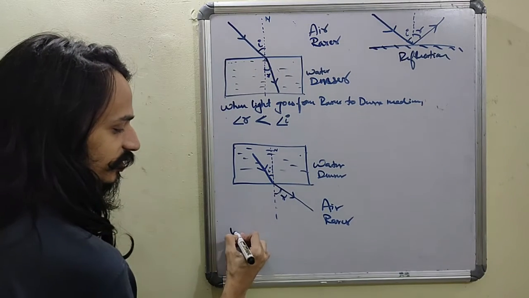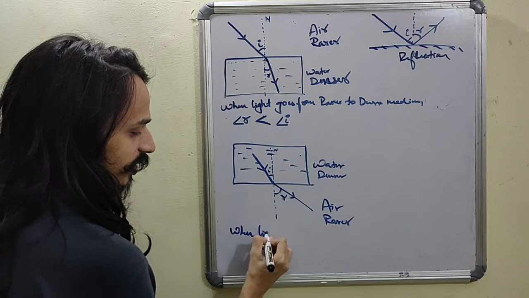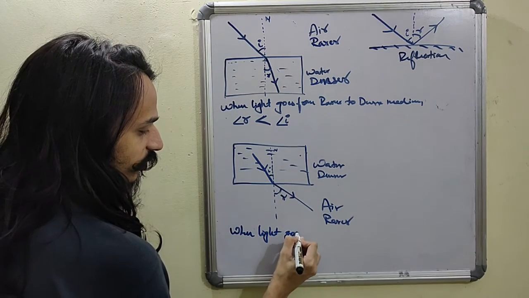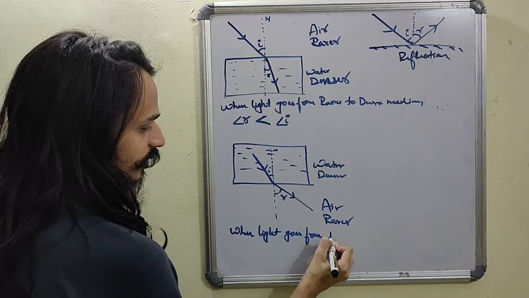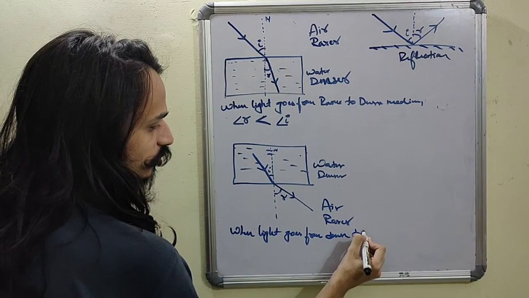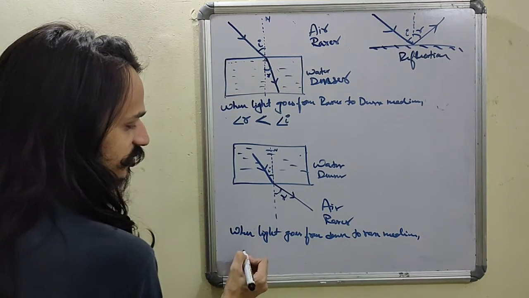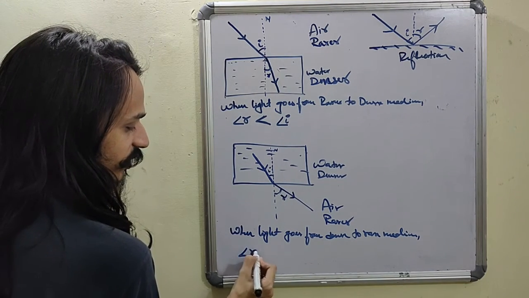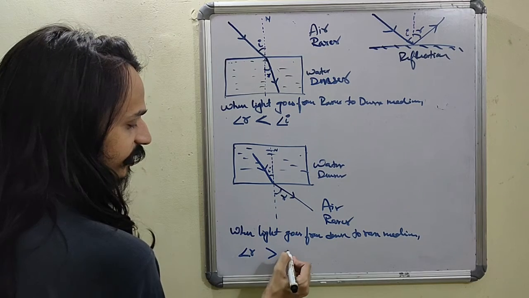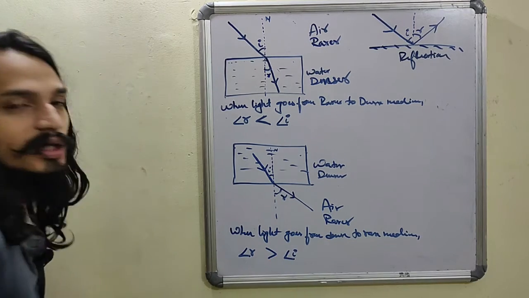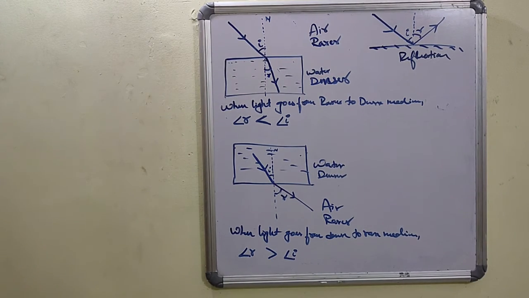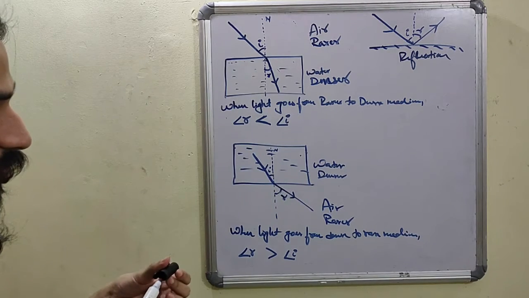So I can say when light goes from dense to rare medium, then what happens? Angle of refraction is greater than angle of incidence, which means the light will bend away from the normal.